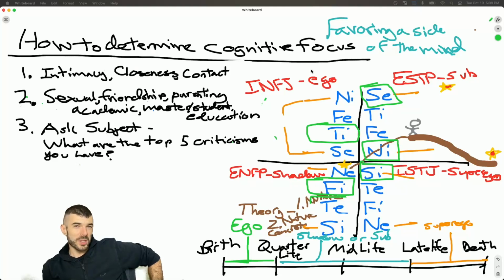Those are some variables to keep track of and just be aware of when you're doing these things. But if you look at these specific functions that people favor in these slots within the 4 sides of their mind, and then utilize the top 5 criticisms exercise, you can really quickly pinpoint their focus very easily. This is in essence almost exactly how the Enneagram works.